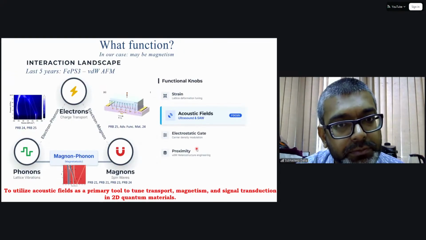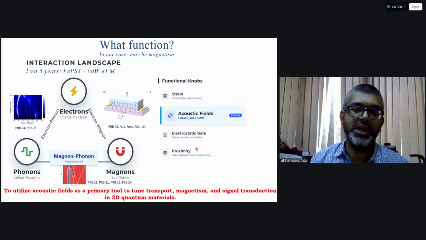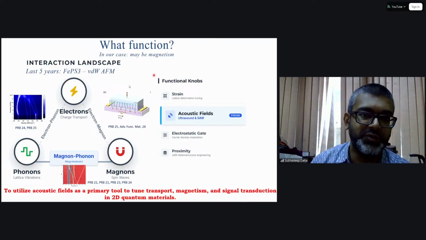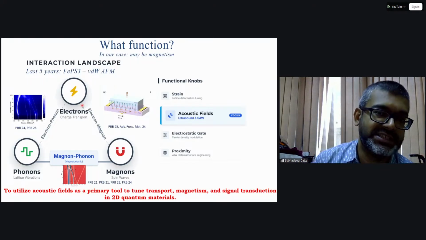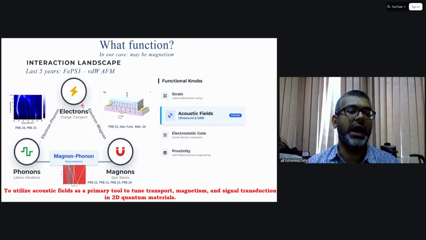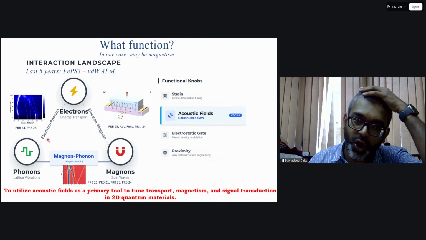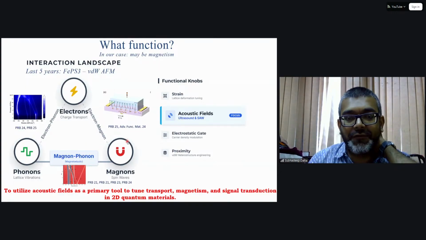Now, coming to the main objective of this talk, why we are using ultrasound. This is the triangle which you can see here: phonons, magnons, and electrons. Usually experimental quantum physicists are interested in one of these couplings: electron-phonon, electron-magnon, or magnon-phonon coupling.